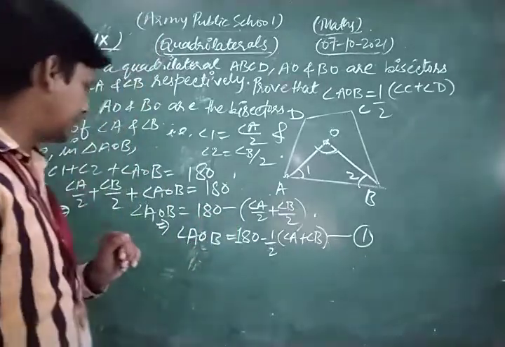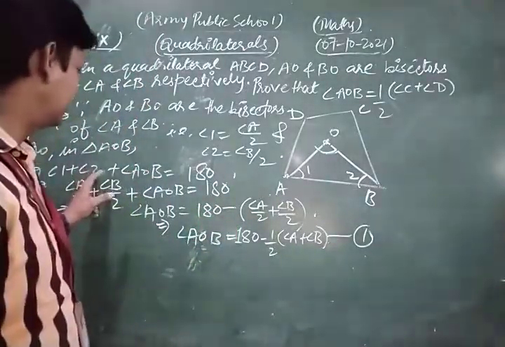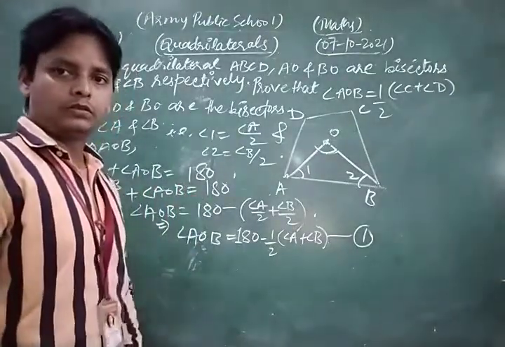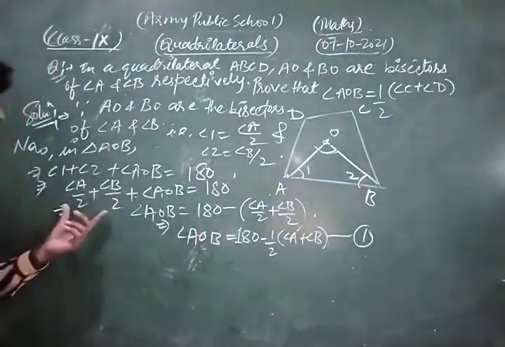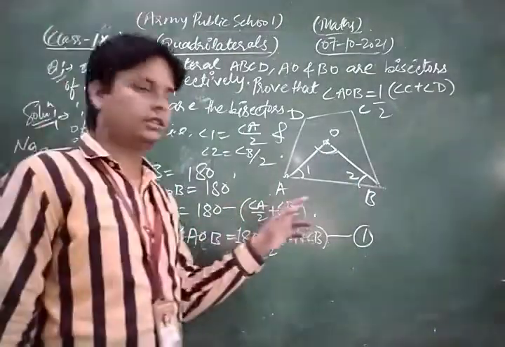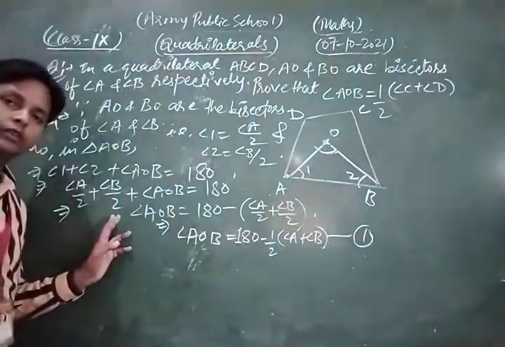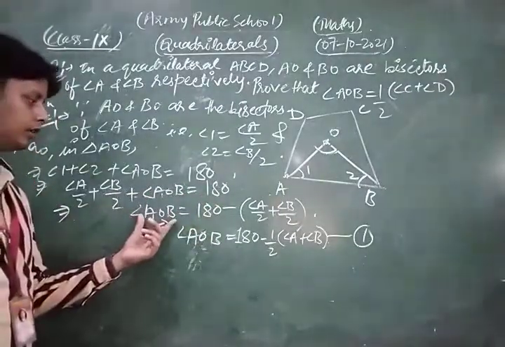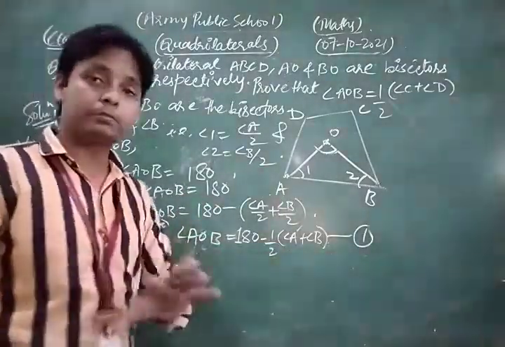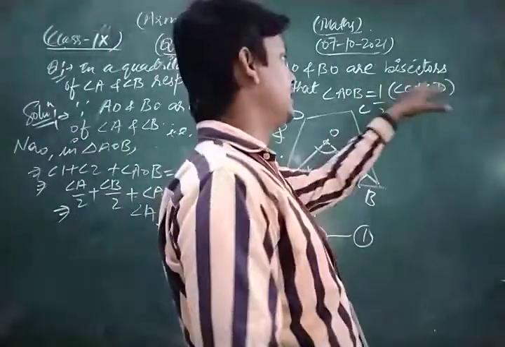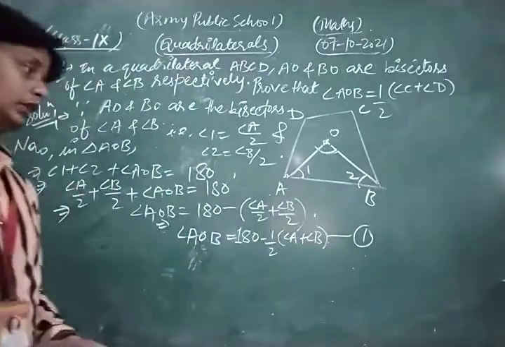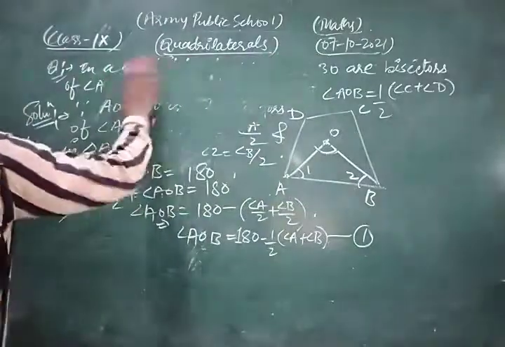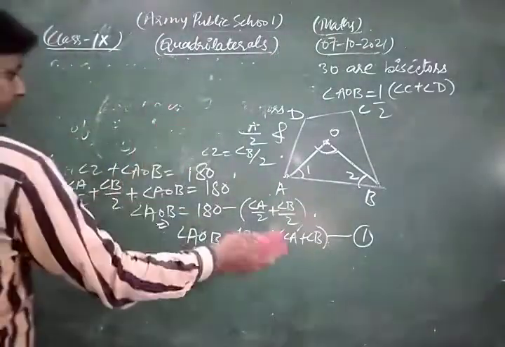After that, angle 1 plus angle 2 plus angle AOB is equal to 180 degrees. Now we can write angle 1 is equal to half of angle A, this is half of angle B, plus angle AOB is equal to 180. So from there we find the value of angle AOB in terms of angle A and angle B, but we have to show angle AOB in terms of angle C and D. So what do I do? Now let's see. We take this as equation one.